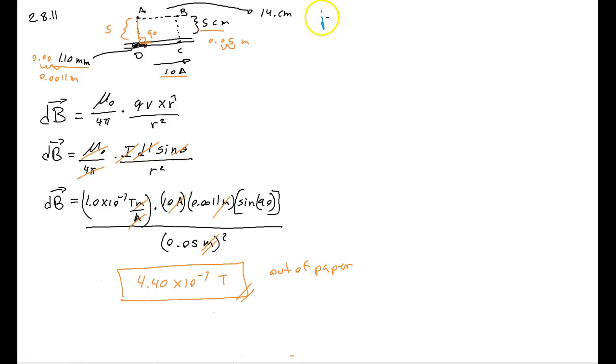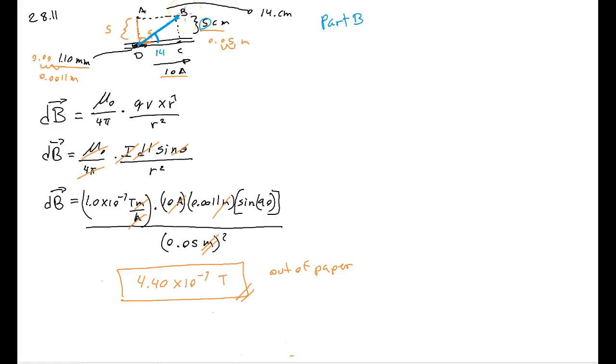For part B, we get this point over here, and this is the distance, and this is the angle. So we gotta get the angle using the 5 over 14 centimeters.